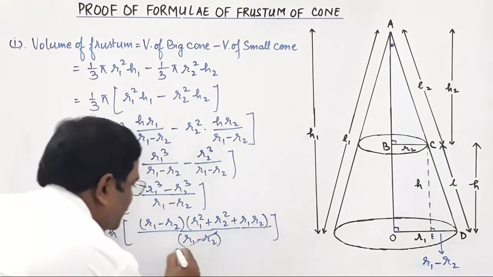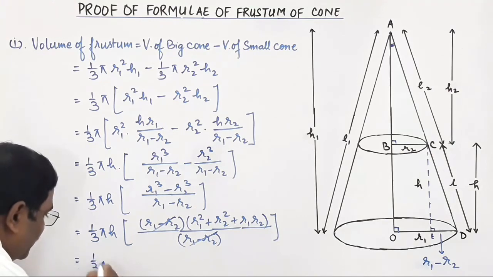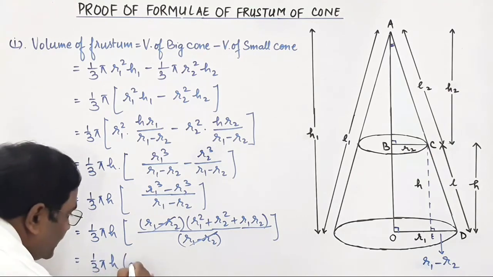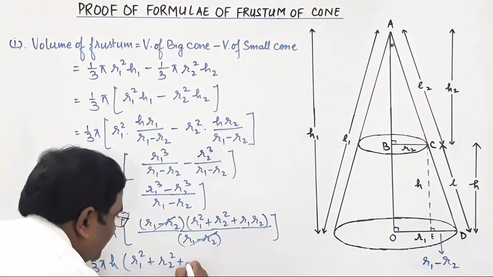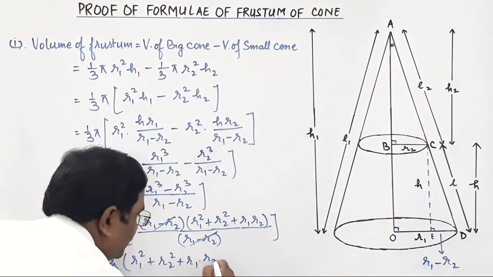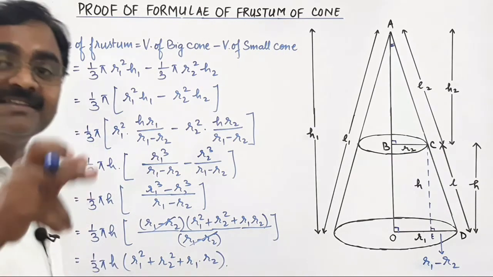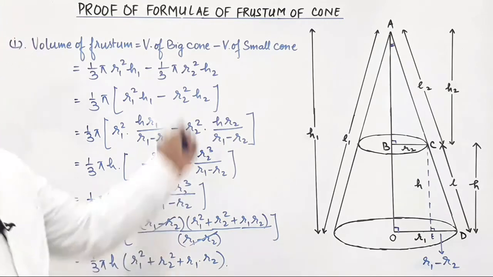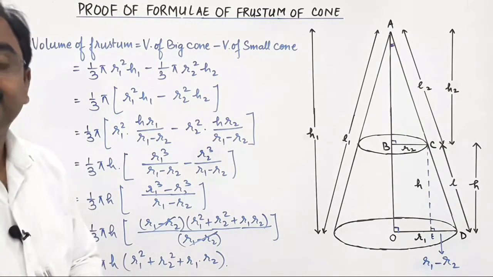Right friends? So this is cancelled with this. We got our result: 1/3 pi into H, R1 square plus R2 square plus R1 into R2, is the volume of the frustum that you have read.